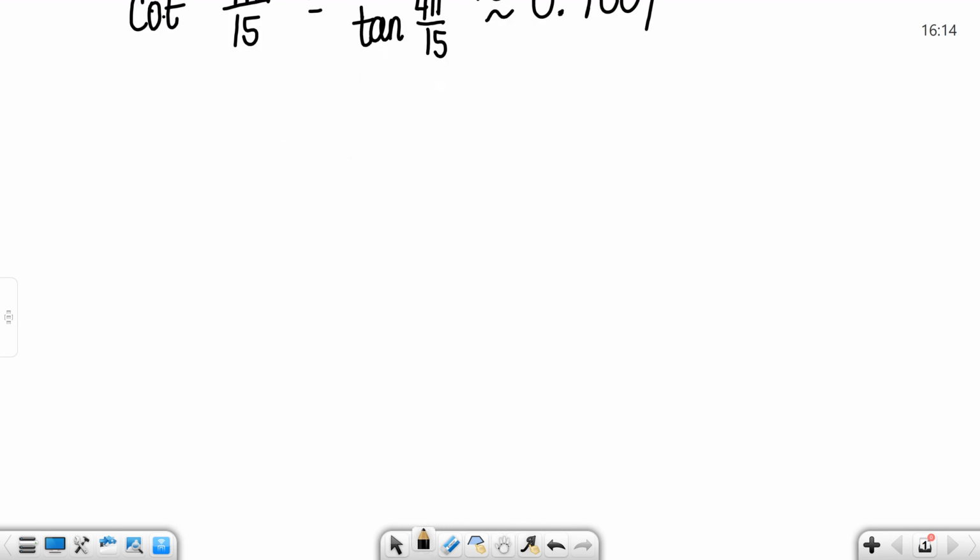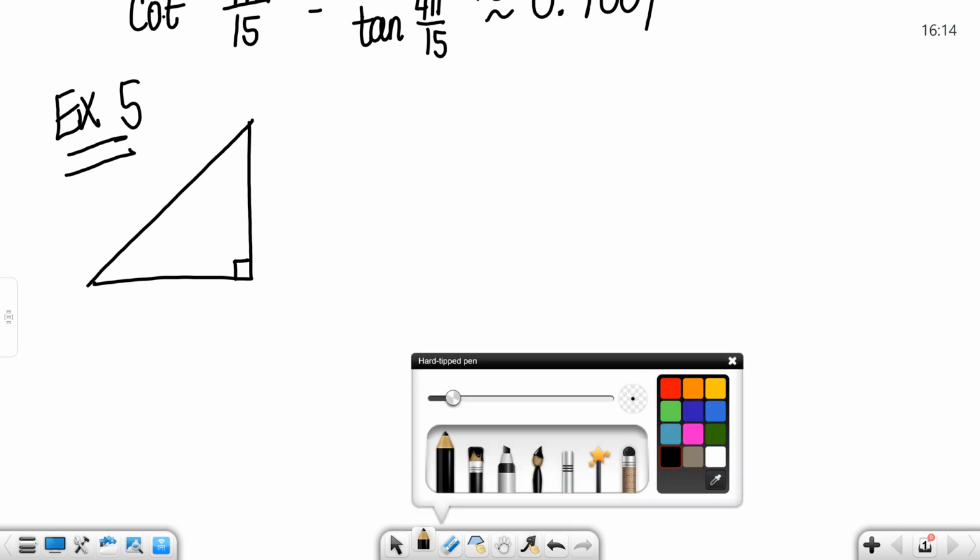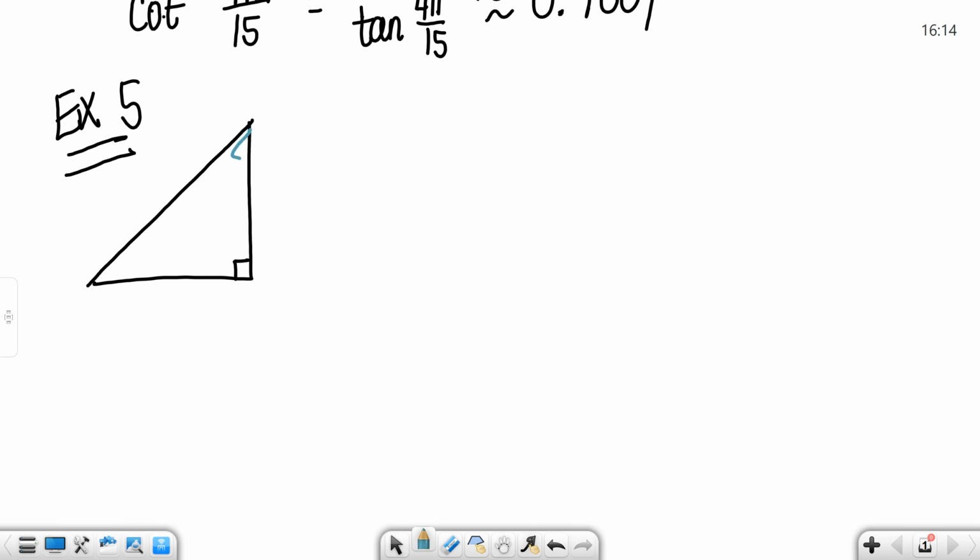Now let's use this in a problem where it would apply. In example number 5, let's say I draw for you, my drawing went away, I don't know if you can see it. Let's say I have a right triangle, and I'm going to put like a lake.